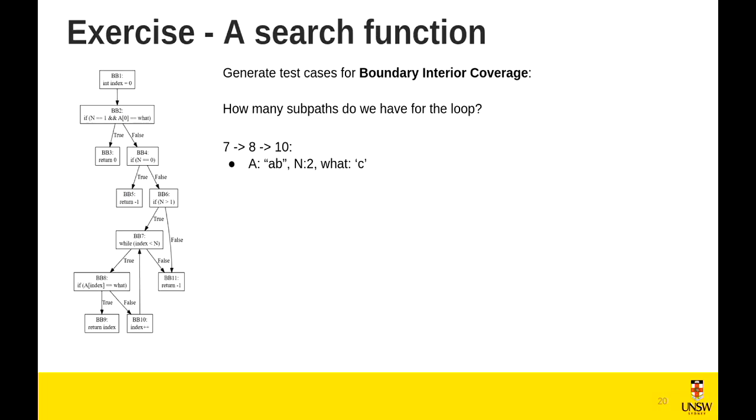This one is a return. So we don't really need to care about this one, because it's a special node. It's an exit node. So when we do the testing here, we can either consider it as part of the loop, or we can also ignore it. So this is a special case for loops.